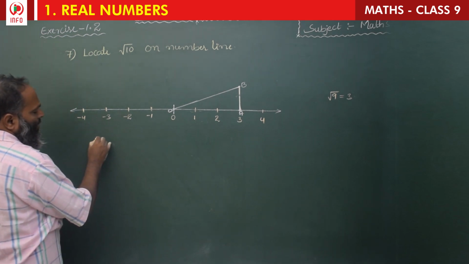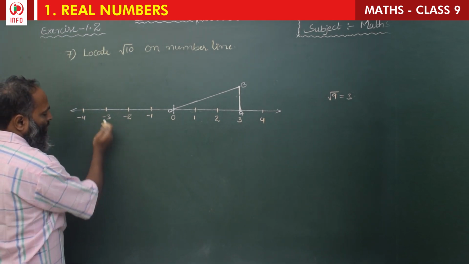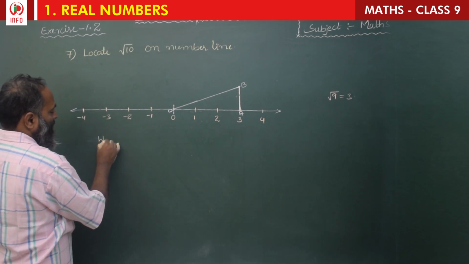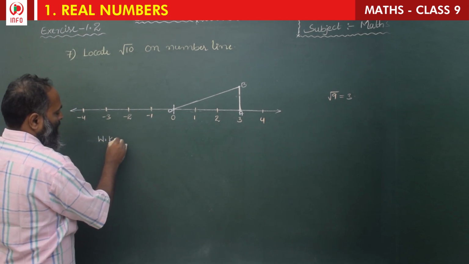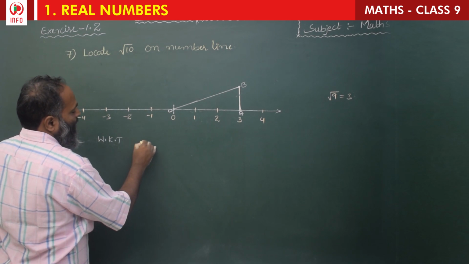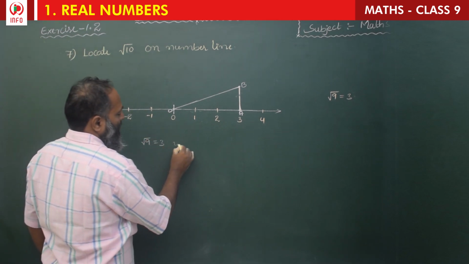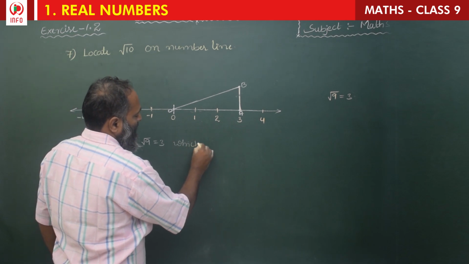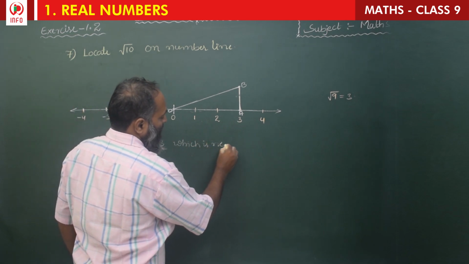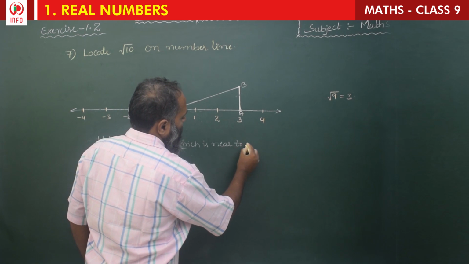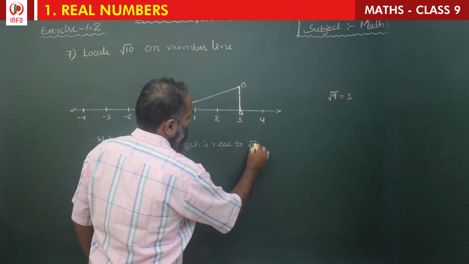We know that root 9 is equal to 3, which is near to root 10.